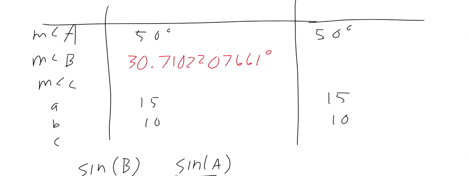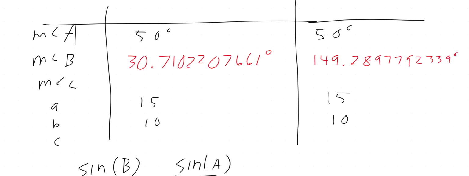For our second triangle, we'll need the supplement to this. So subtract this from 180, and we're going to get 149.2897792339 degrees.